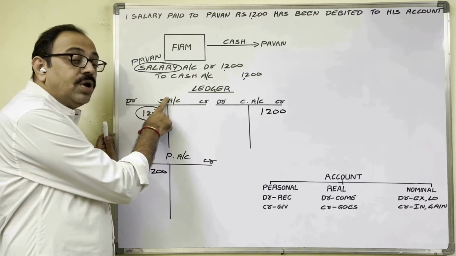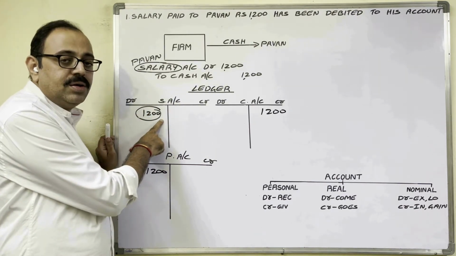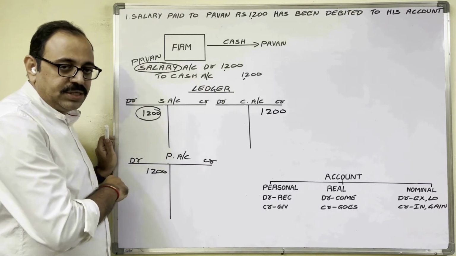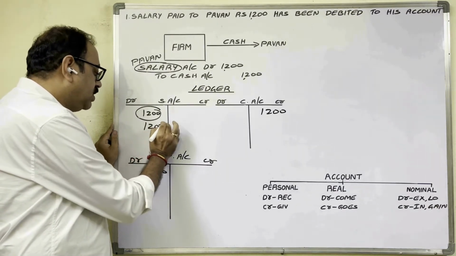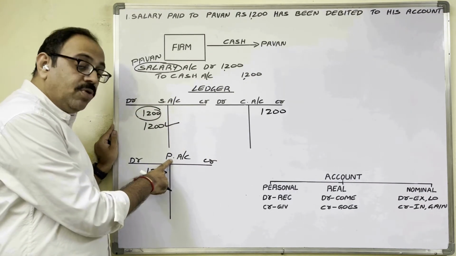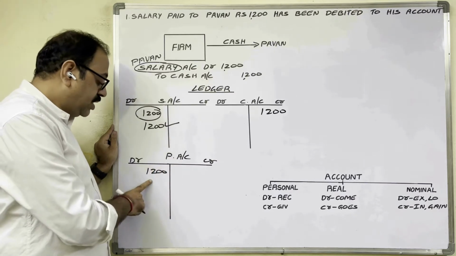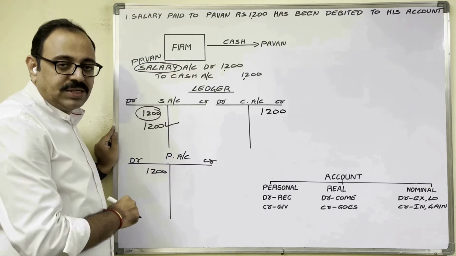In salaries account, how to rectify this error? 1200 should be debited, but it was not debited by the accountant. If you debit 1200 in salaries account, this error will be rectified. Similarly, in Pavan account, the mistake is that 1200 is unnecessarily debited. Now this 1200 we should cancel.